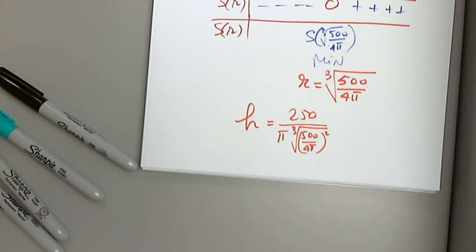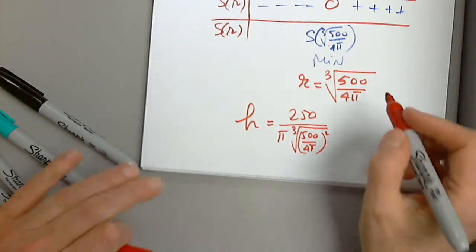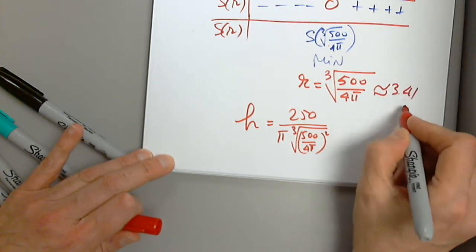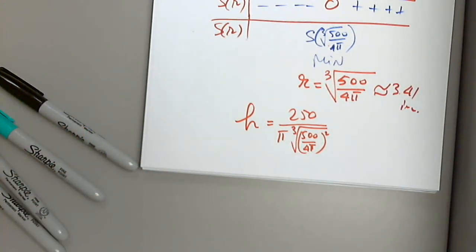I know that. So this is approximately 3.41 inches. And then I will have 250 divided by pi and further divided by the previous answer squared.